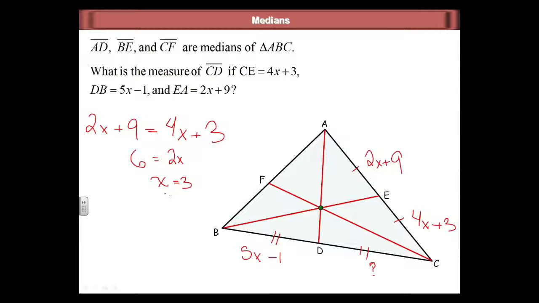Well, now that I know what x is, I can just substitute that into that equation. 5 times 3 minus 1 gives me 14, and therefore CD is equal to 14.